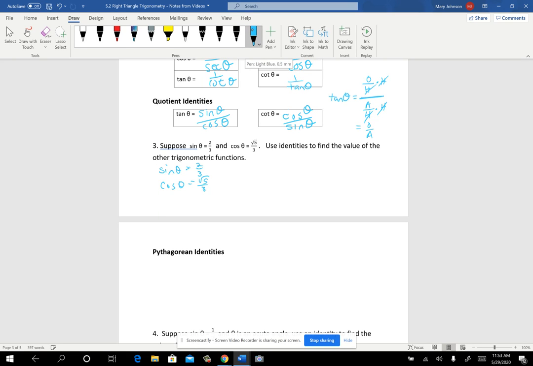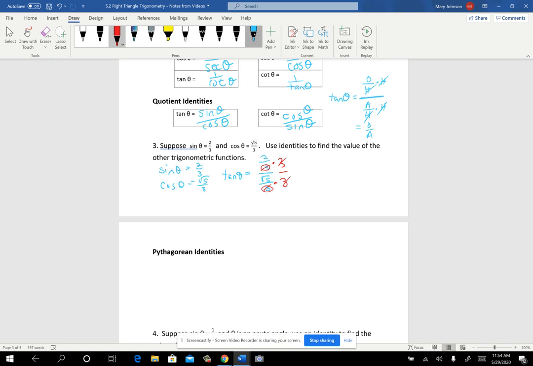Well, because of what we just said, we can get tangent then, because tangent is going to equal the sine divided by the cosine. And then this is a complex fraction when you have a little fraction inside of a bigger one, so you have to simplify that. And the easiest way, in my opinion, is just to look at the little denominators and multiply the top and the bottom of the fraction by the same thing.